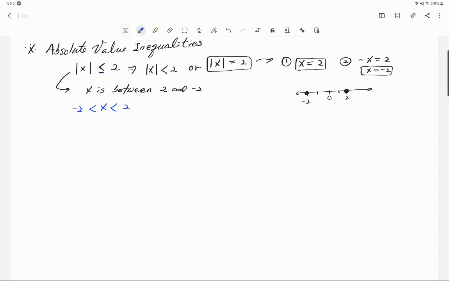So you can rewrite it as x is between negative 2 and 2. If there's an equal sign, then put the equal sign together. So if the absolute value is less than or equal to, then what do we do?